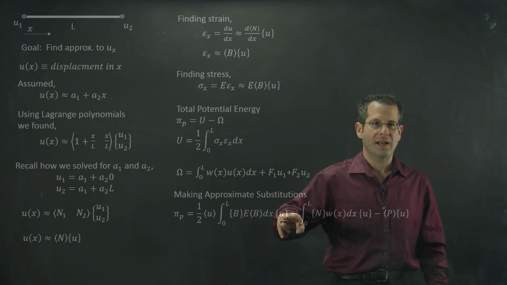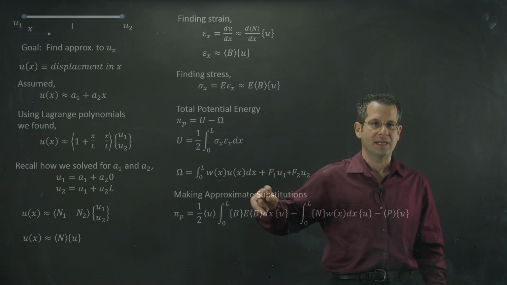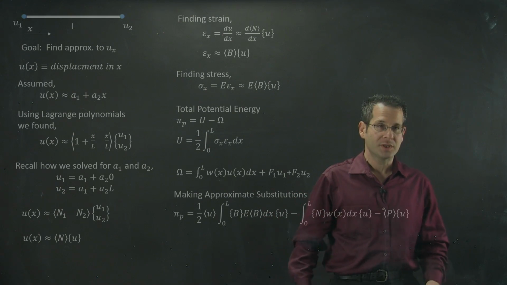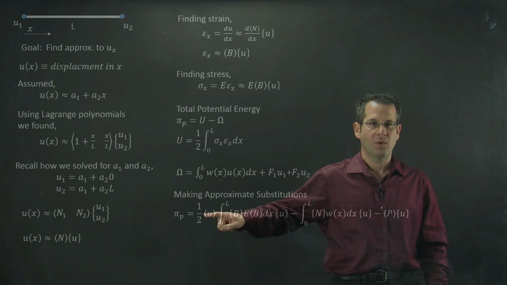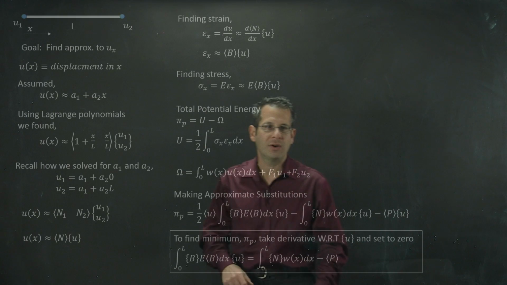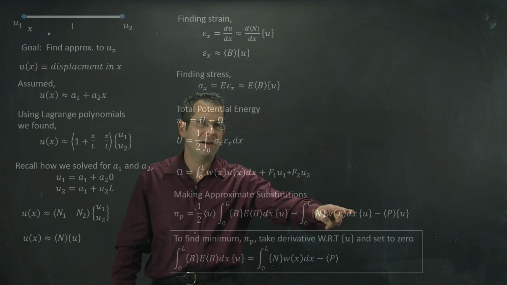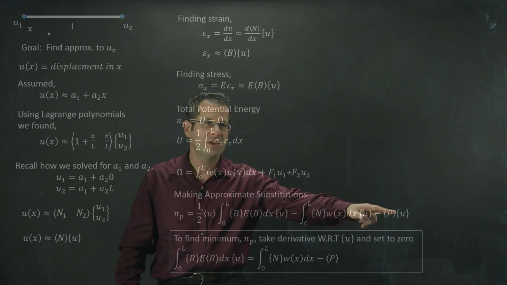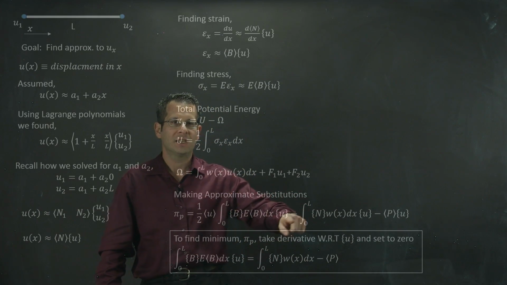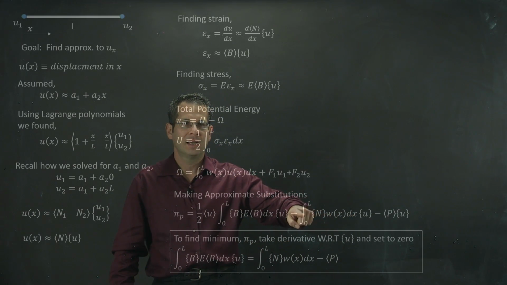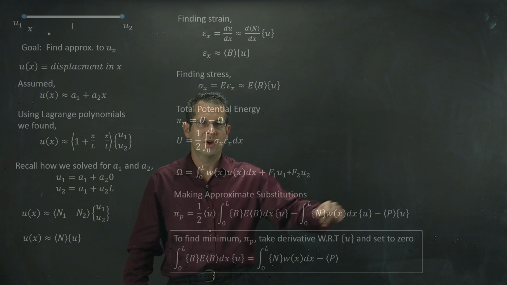Here I have a quadratic form. This is like u squared, so when I take the derivative, it simply becomes 2u. I have a 1/2 here. That cancels out. These two terms just have a single individual u. When I take the derivative, it's just whatever the constant is in front, and the u goes away.